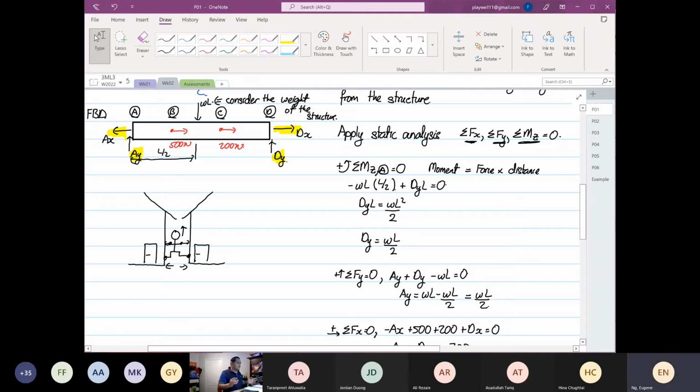So the 500 and the 200 is not affecting the load on ay and dy. Jordan, does that make sense now? Yep, thank you. Whereas ax and dx, their values will be affected by the 500 and by the 200.